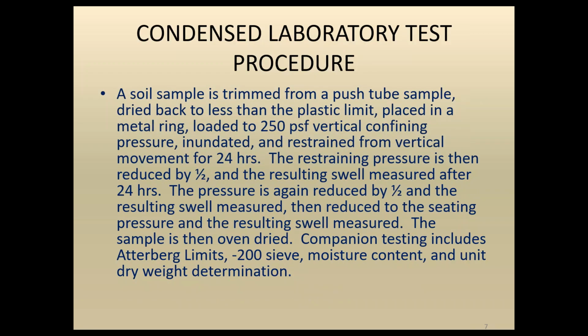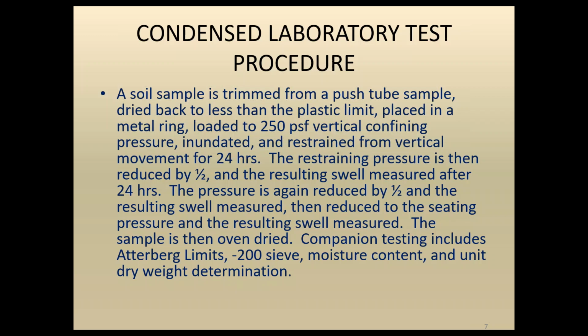So here's a very brief description of the lab test procedure. We take a soil sample. It's trimmed from a push tube sample, dried back to less than the plastic limit, placed in a metal ring, loaded to about 250 pounds per square foot vertical confining pressure, inundated and restrained from vertical movement for about 24 hours.